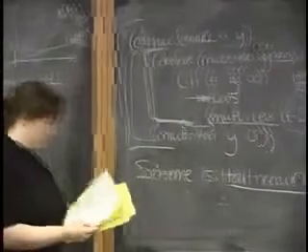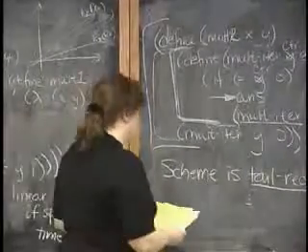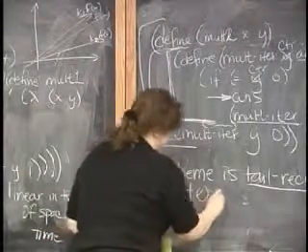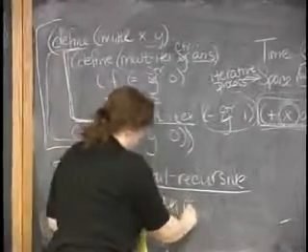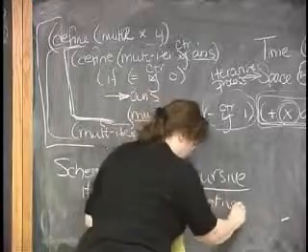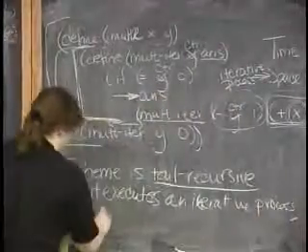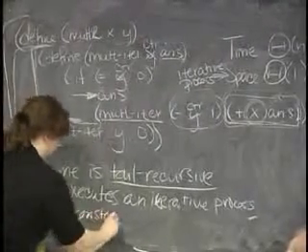I can't find my notes. There we go. Tail recursive means that it executes an iterative process in constant space.